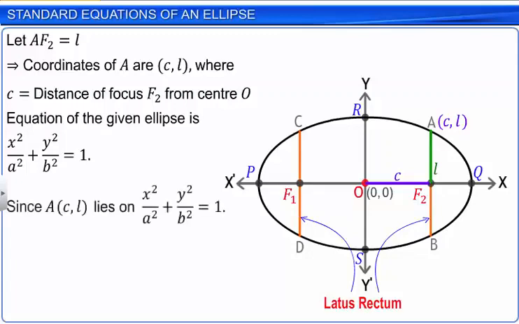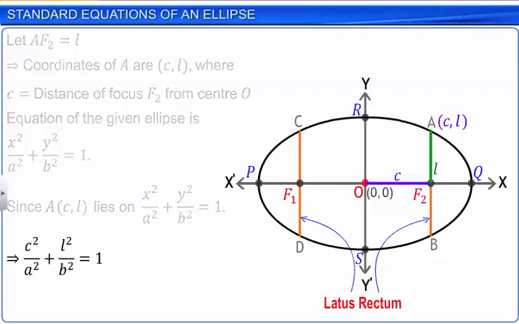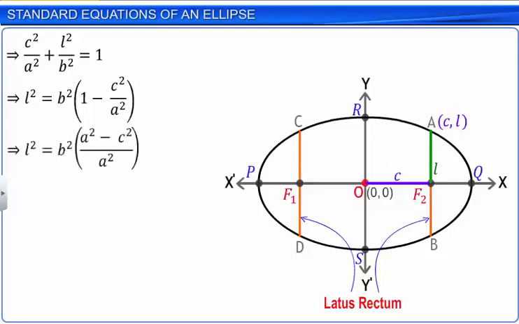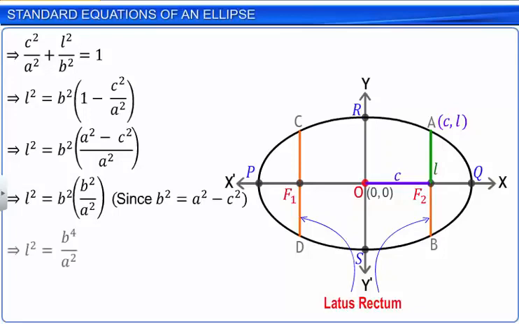Since point A lies on the ellipse, its coordinates must satisfy the standard equation of the ellipse. Substituting the coordinates of point A in the standard equation of the ellipse and simplifying, we get l is equal to b square upon a.